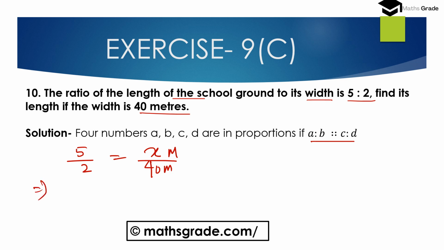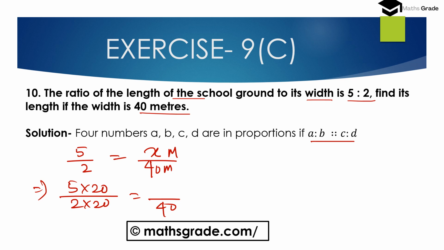So to convert this ratio 5 divided by 2 into an equivalent ratio, which number do we have to multiply with 2 to get 40? If we multiply 20 with 2, we get 40. So we have to multiply the same number 20 with the antecedent 5.